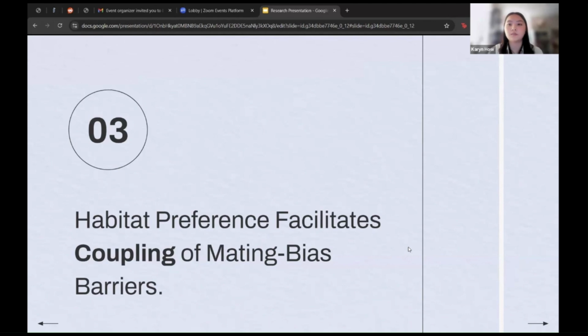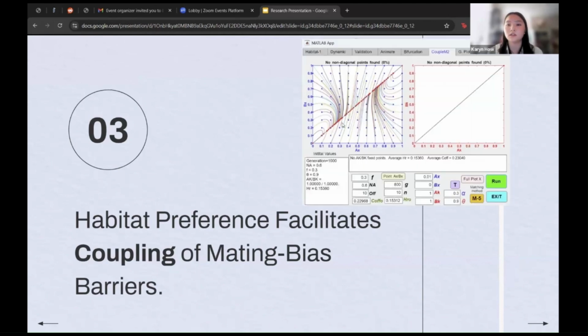So if we look at this phase portrait, the initial generations are moving towards the center line. And this is a current two allele mating bias barrier that is divergent, meaning that it's unable to produce a fixed point polymorphism, and unable to produce a pre-mating reproductive isolation.